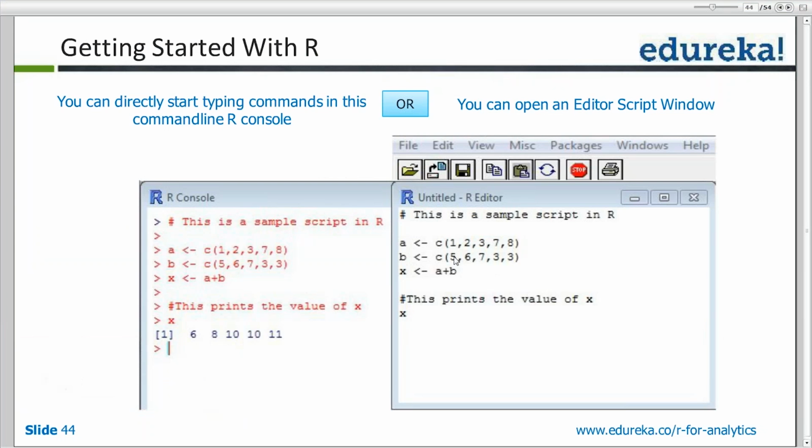So in this depiction, you have written all of this code on the editor. You copy all of this, paste it onto the R console here, and you get the result. If you want to comment the code and you wouldn't want it executed, you will need to add a hash symbol up front, so that line will be ignored.